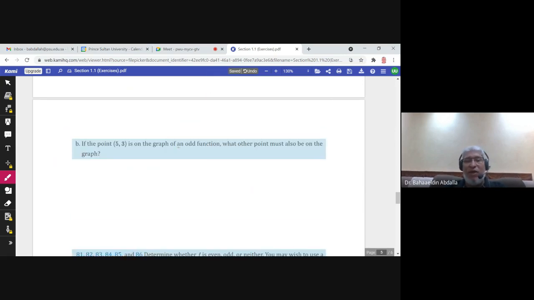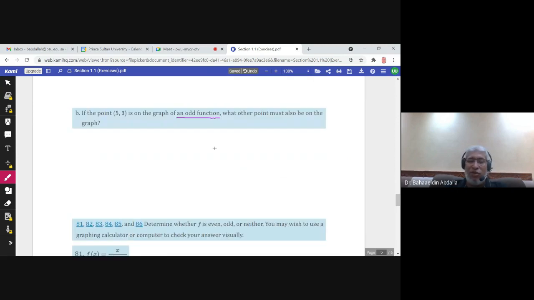While if the graph is a graph of an odd function and 5, 3 is a point on the graph, 1, 2, 3, 4, 5, 1, 2, 3. So this is a point on the graph. But the graph this time is a graph of an odd function. So it is symmetric about the origin.